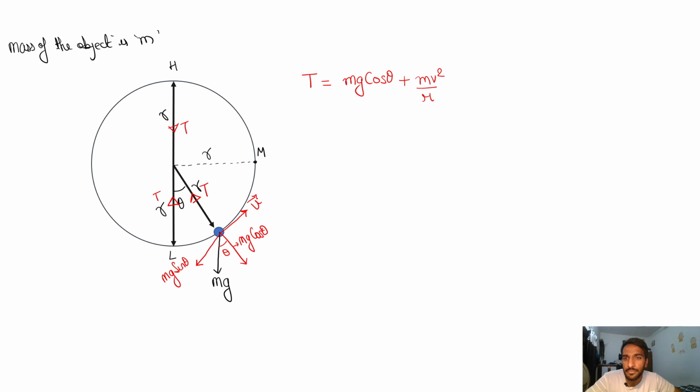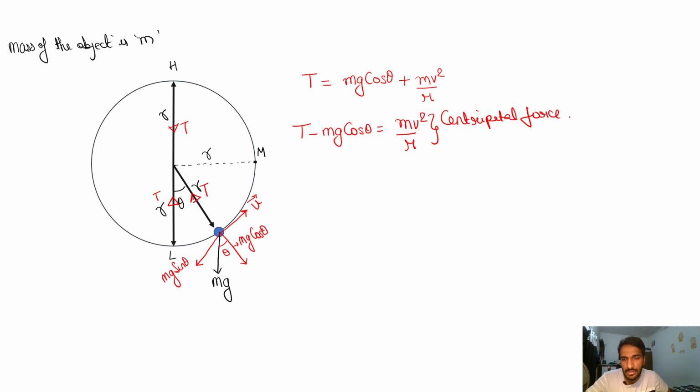Tension is the greatest force, so T minus mg cos theta should be equal to mv square upon r, because mv square upon r is the centripetal force. This is the centripetal force which is required for any body to rotate. So T is the tension.